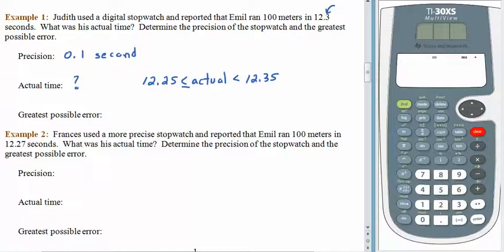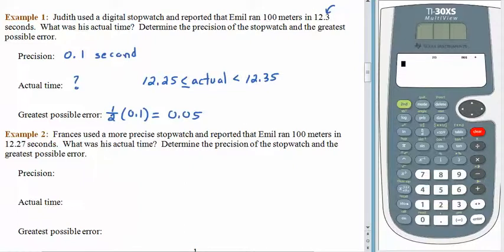And there you have it. The truth is somewhere between 12.25 seconds and 12.35 seconds. The greatest possible error is 1/2 of the precision, which is 0.05. And that, of course, is the difference between this edge and the middle that was reported.